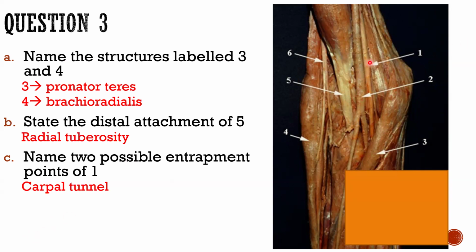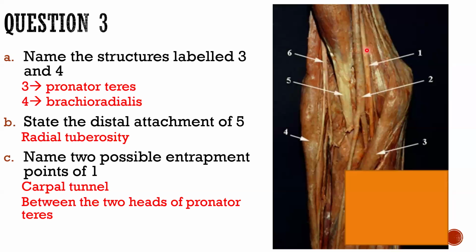So those are the entrapment points of the median nerve: the carpal tunnel and between the 2 heads of pronator teres. Now we have other entrapment points, such as the ligament of Struthers, which is not the same as the arcade of Struthers. In some individuals, they have a fibro-osseous bridge at the distal part of the humerus.